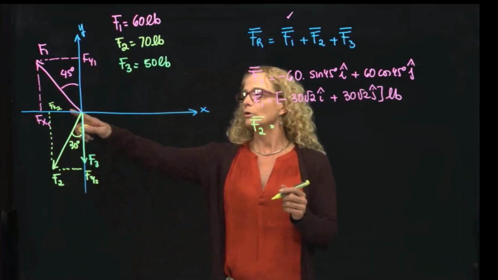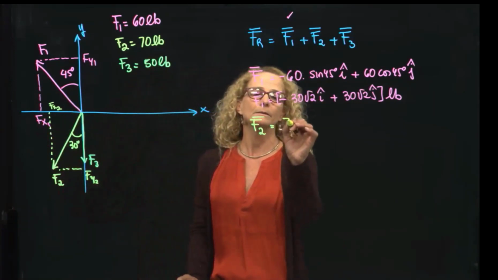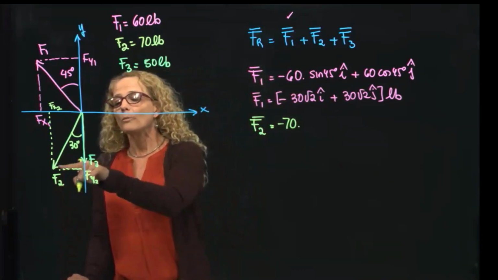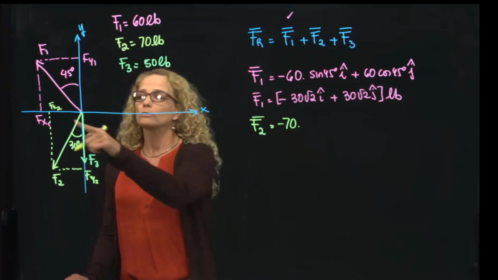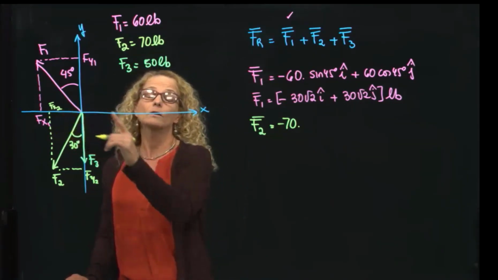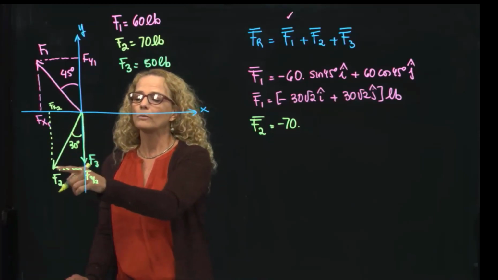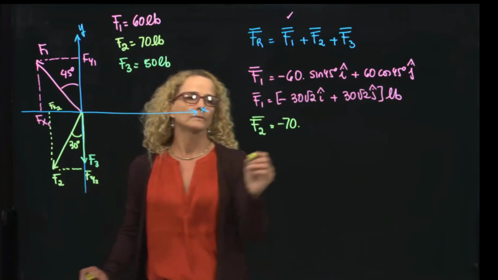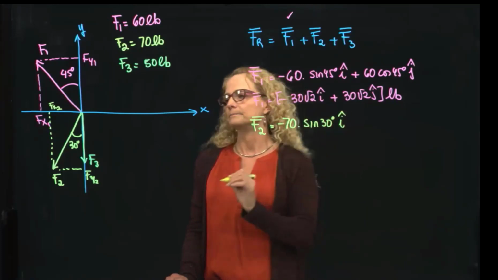So F2x will be negative, and it will be the magnitude, which is 70, we say that it's negative, times the opposite, right, which is sine of 30. Some people like to use this angle, which is the complementary angle, 60, and then use the cosine of 60. But remember, the cosine of 60 is the same as the sine of 30. So I will use the sine of 30, which is the opposite of this triangle. So it's sine of 30 in i.